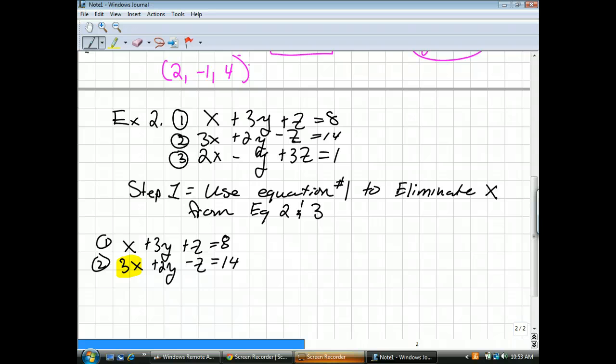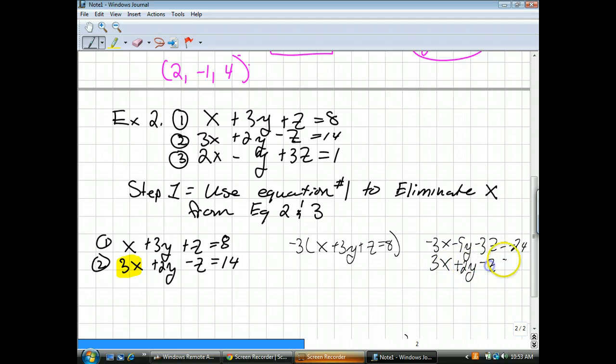So I need to multiply the top equation by negative 3. So I get negative 3 times x plus 3y plus z equals 8, which gives me negative 3x minus 9y minus 3z equals negative 24. And I write equation 2 right under that, and I add those together.